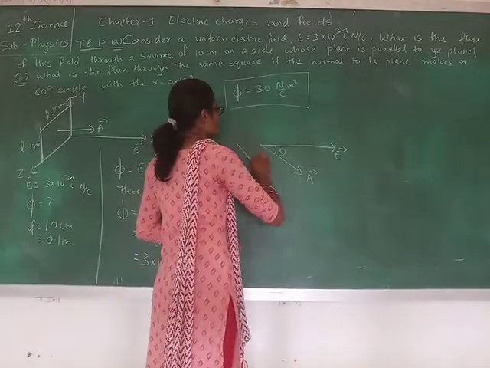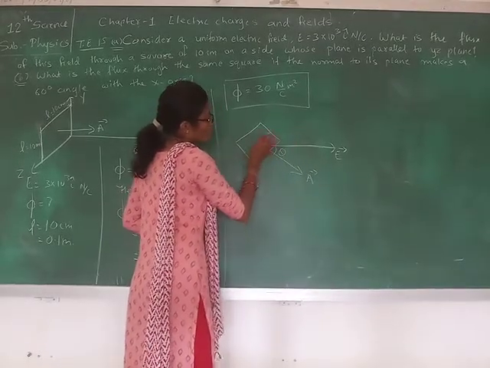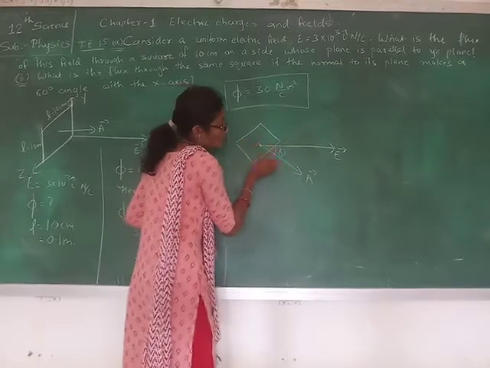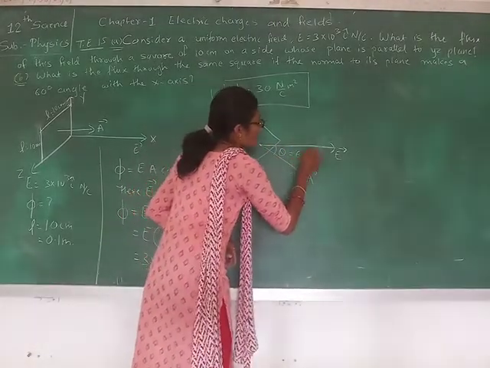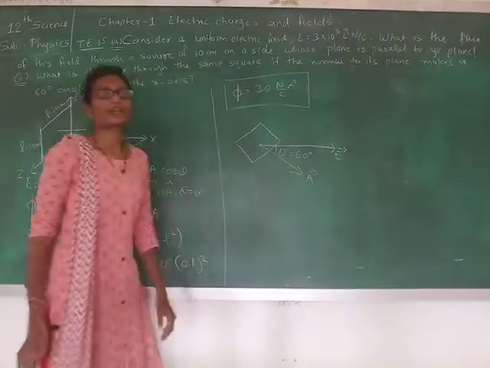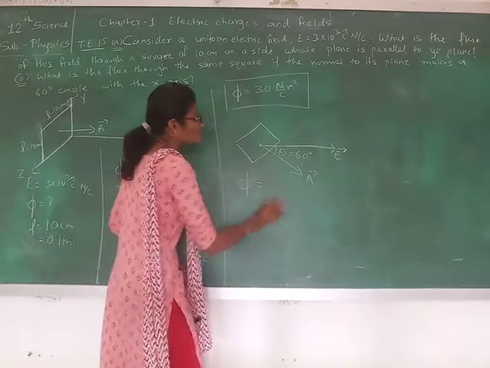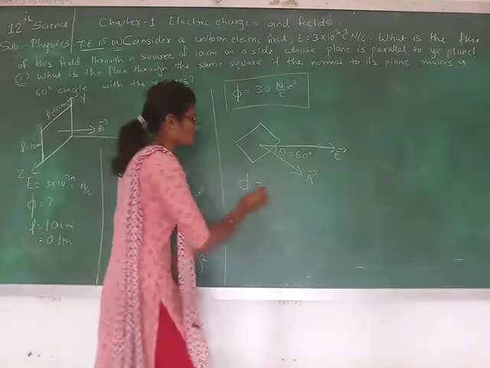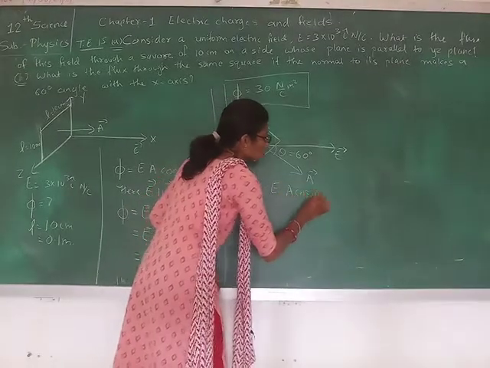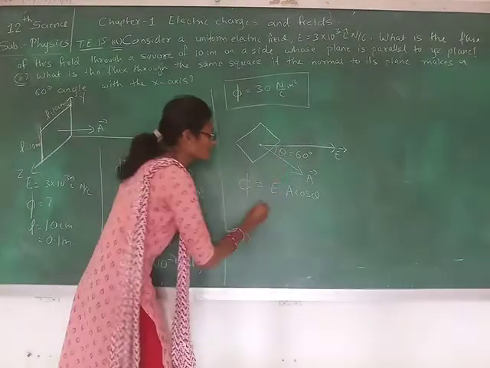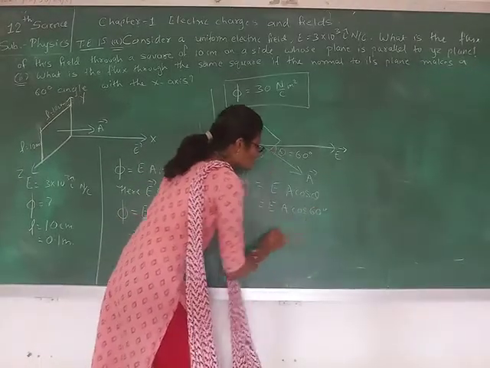So let us consider this square. The normal to the square is the area vector, and that makes an angle theta equal to 60 degree with the electric field. Now, applying the same formula to find the flux, but the scenario is different: EA cos theta. Theta is given as 60 degree, so EA cos 60 degree.